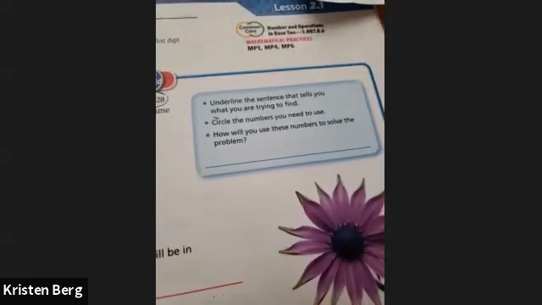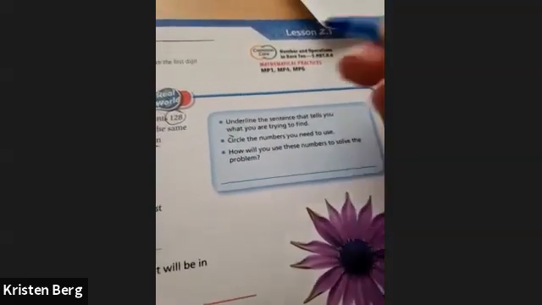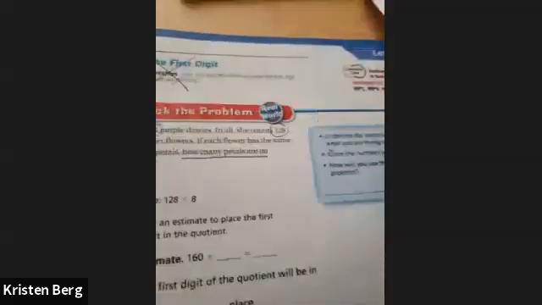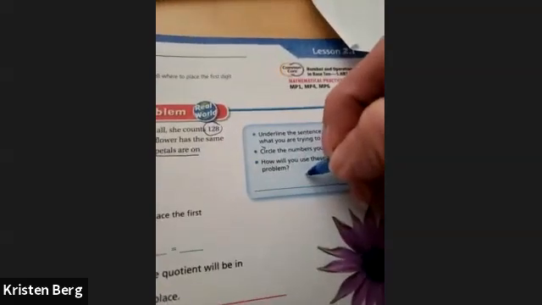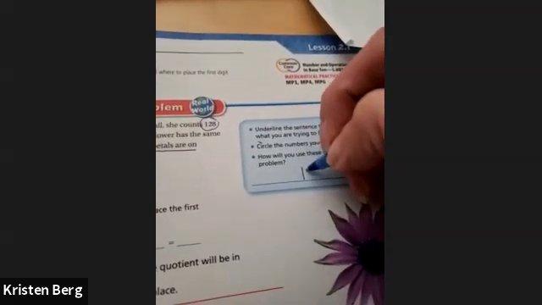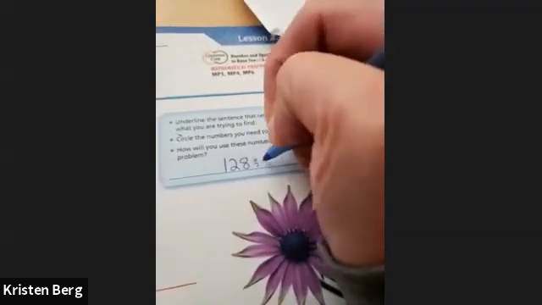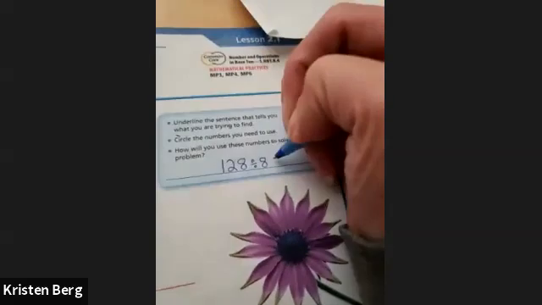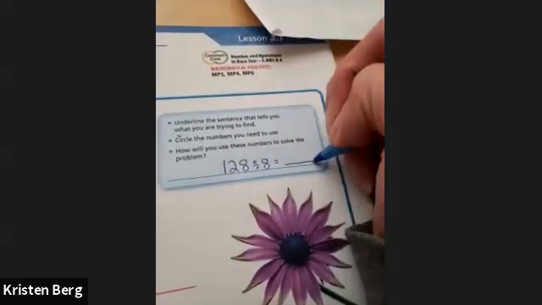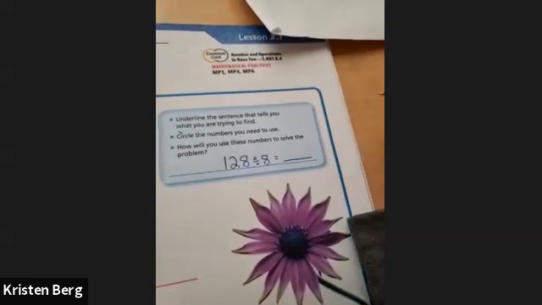So how will we use these numbers to solve the problem? Well, to solve the problem, we would have to take the total amount of petals, which was 128, and then we're going to divide it amongst how many daisies she counted. So this is going to give us how much is just in one flower.